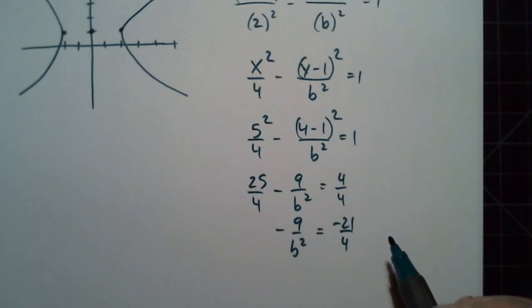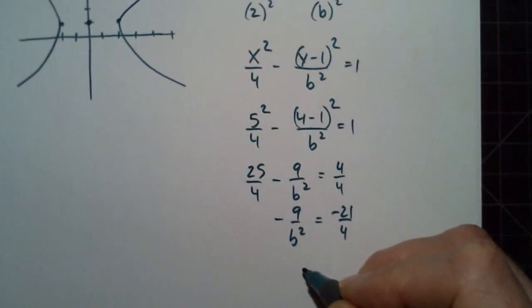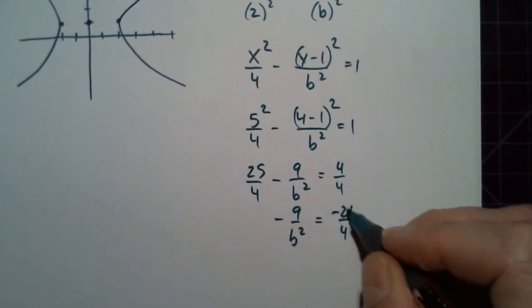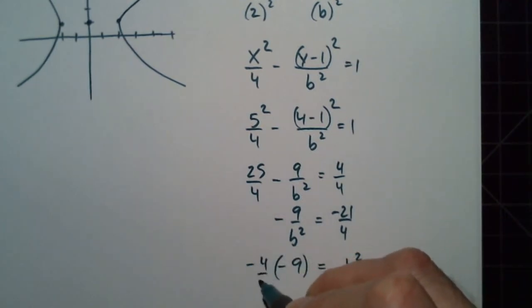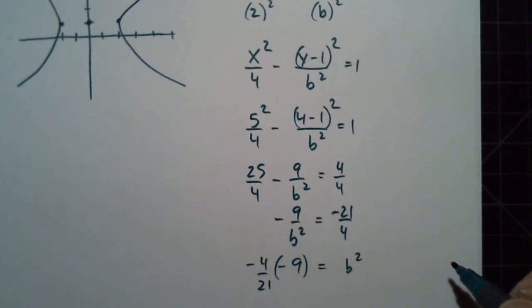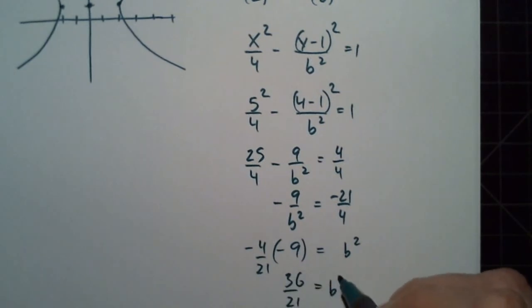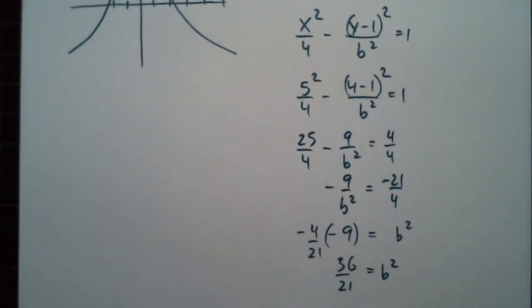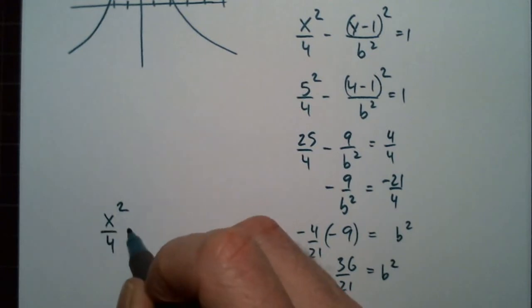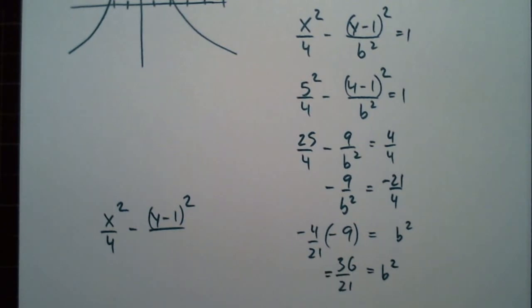And let's multiply by b squared and by the reciprocal of that. So we have negative 9 and then negative 4 over 21. So we get 36 over 21 is b squared. And that's all we need is b squared. We can write the equation as x squared over 4, and that reduces to 12 over 7.